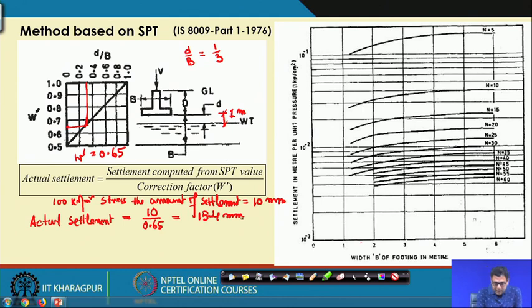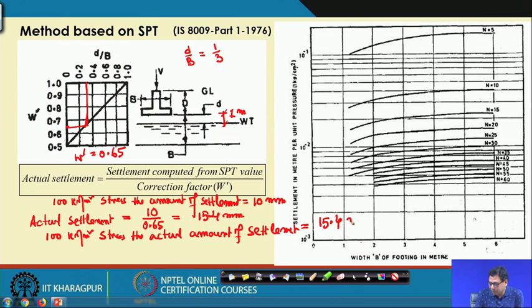So, for 100 kilonewton per meter square stress, the actual amount of settlement is 15.4 millimeter. Okay.